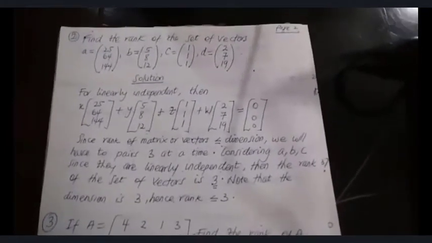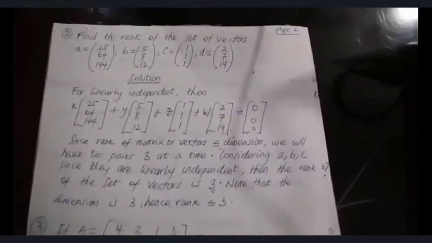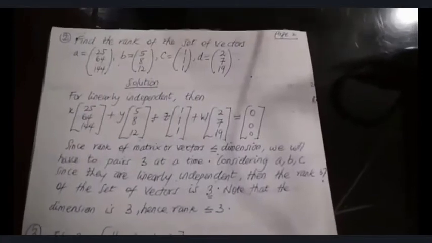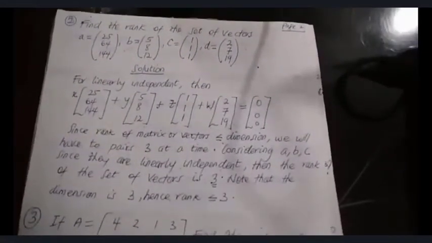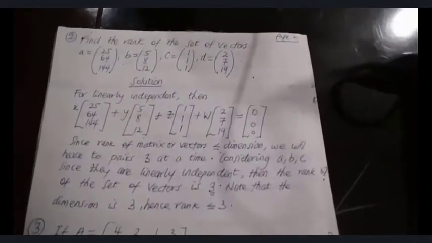So as such, the rank of the matrix is going to be 3. If you want to prove that, all you have to do is to pair 3 of the set of vectors at a time and find the number of unknowns that are giving you 0. If you pair all these set of vectors, it is only 3 of them that are going to give you unknowns to be 0.